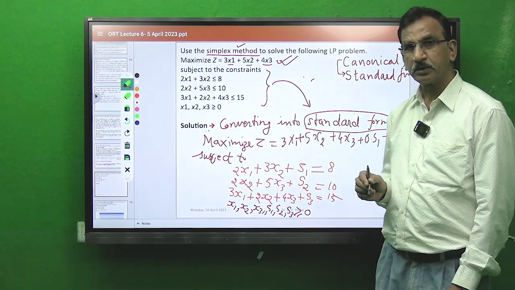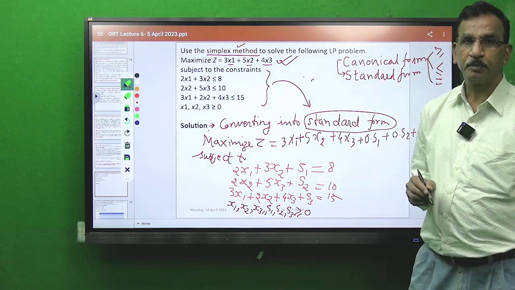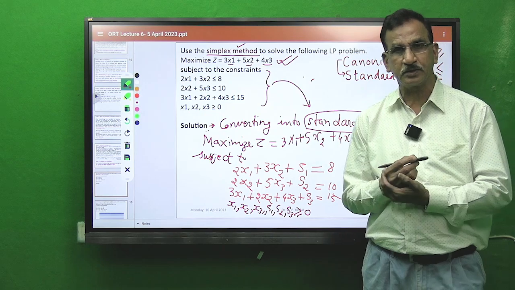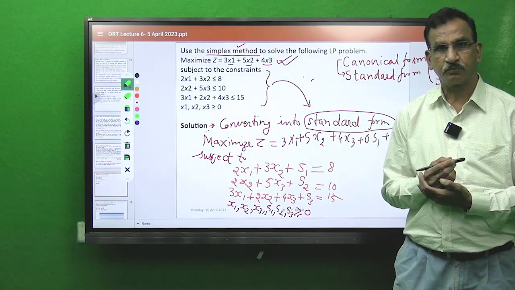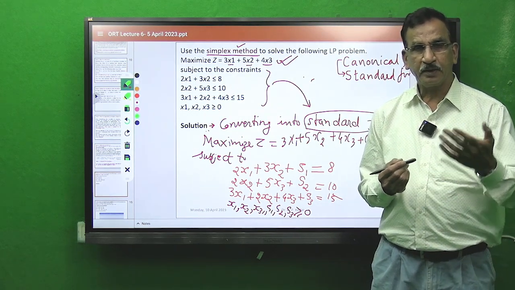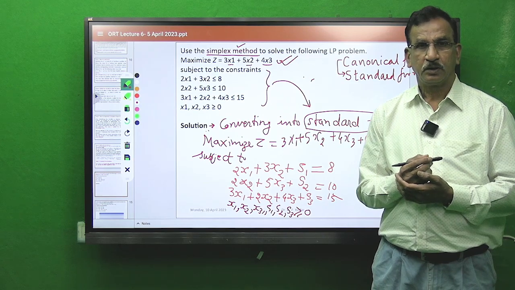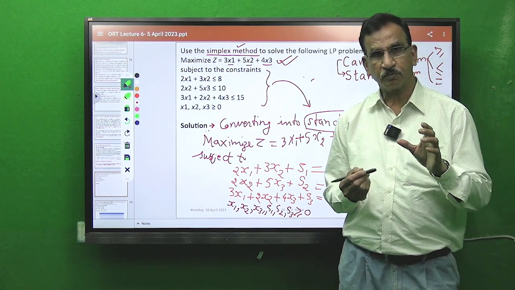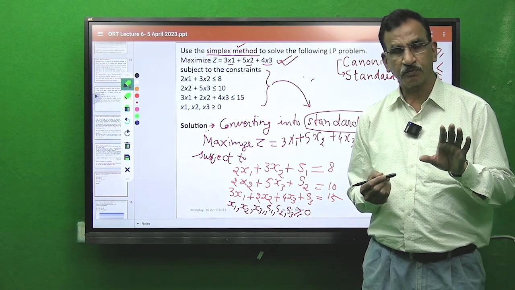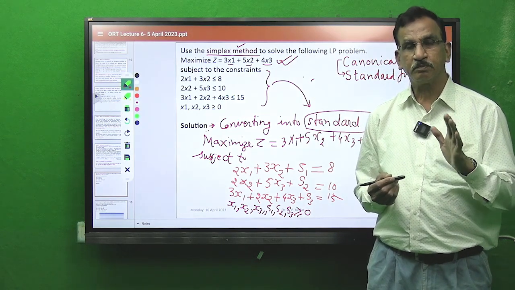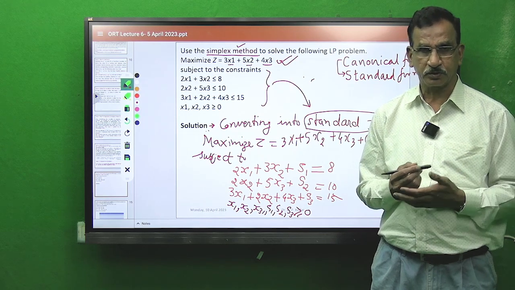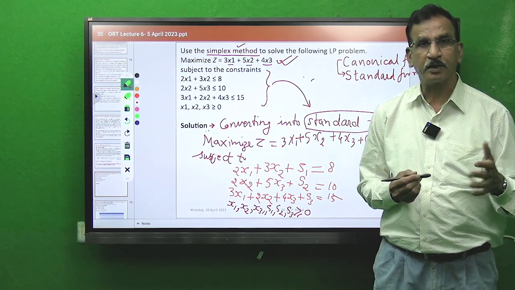So as discussed in the last lecture, LPP deals with real life solution, and if you recall my sentences in last few lectures, I am repeatedly telling you that LP deals with real life situation, means whatever we are producing, either it will be 0 or some positive quantity. You cannot get minus production. Minus means you cannot get minus variables.